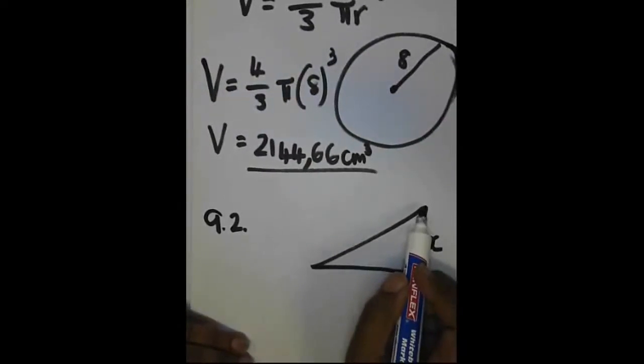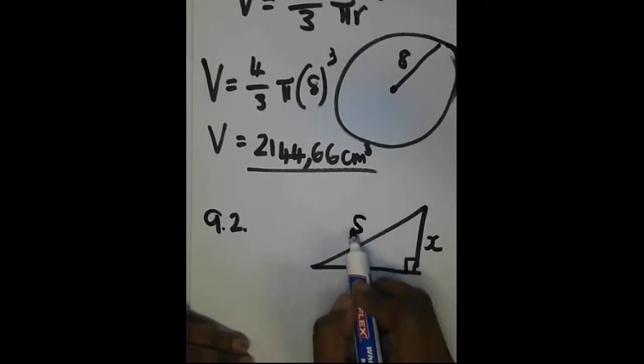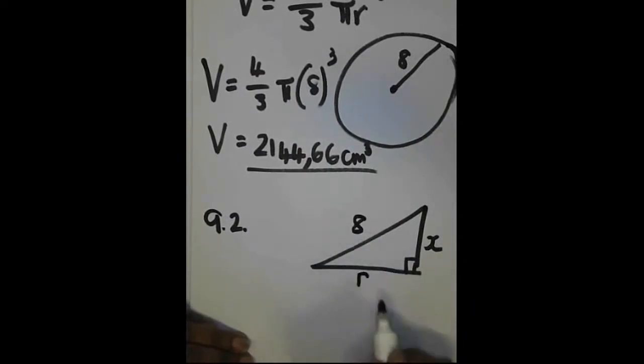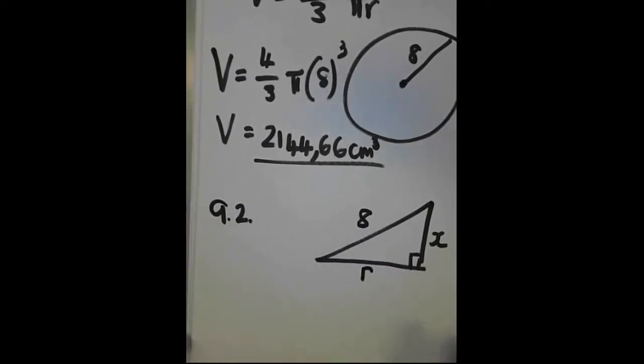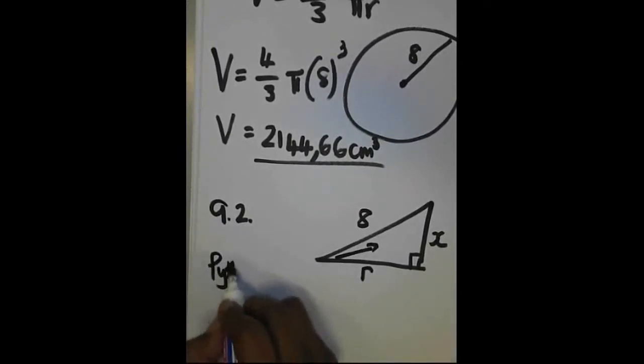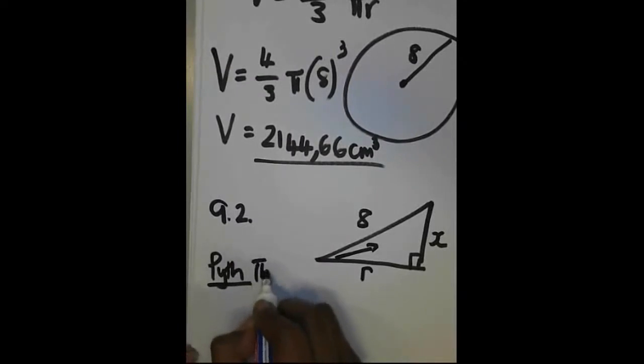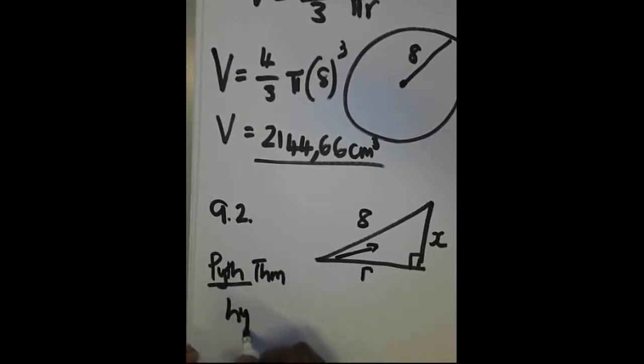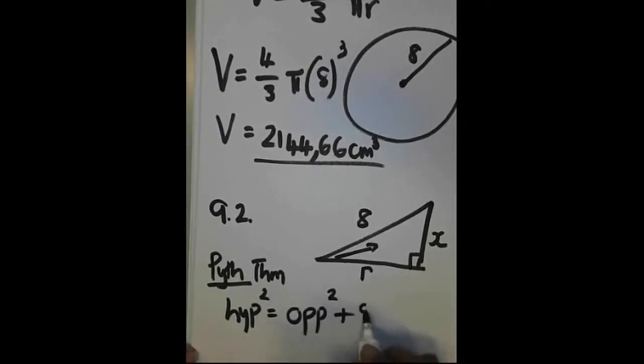We know the line drawn from the center to the circumference was 8, and this is r. So they wanted me to prove the radius squared. If I use Pythagoras Theorem, what does it say?